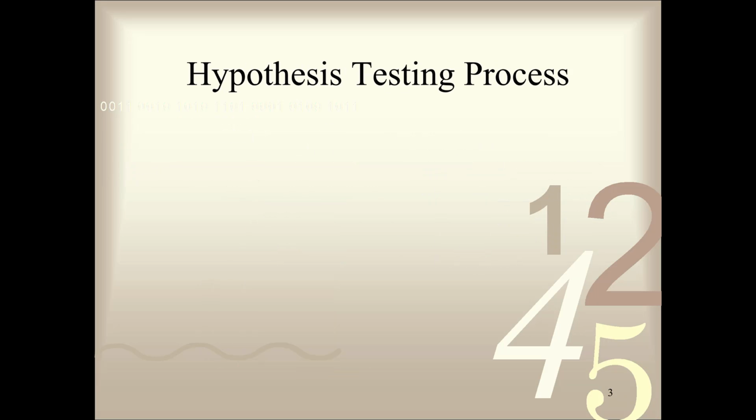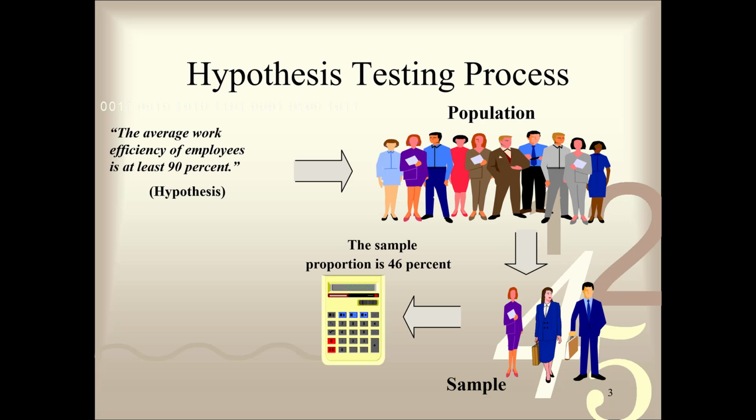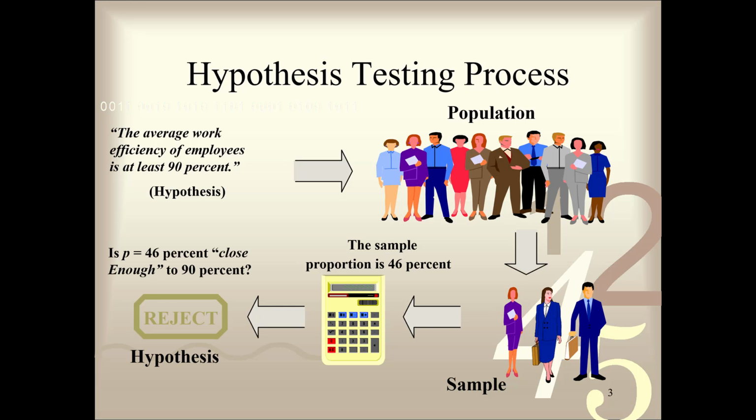Okay, so for example, for the hypothesis testing process, the average work efficiency of employees is at least 90%. That's your hypothesis that you want to test. So you have a population of employees, you take a sample from that population, and let's say from that sample, the proportion is 46%.